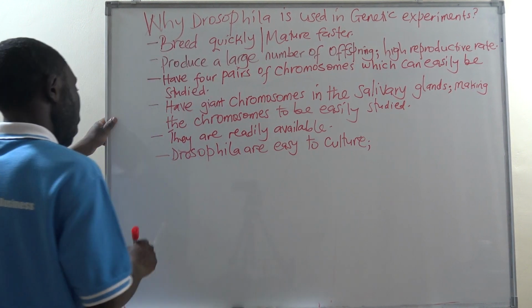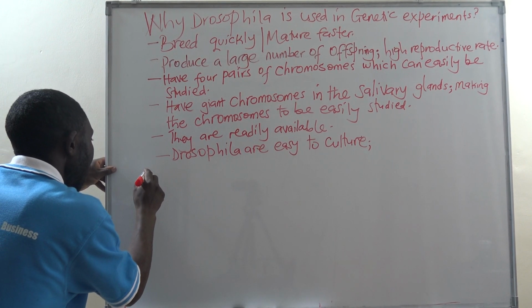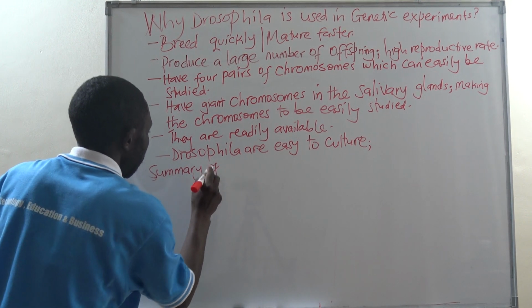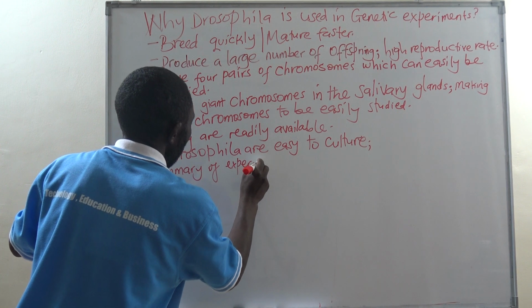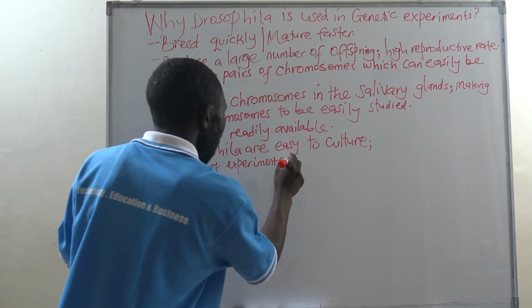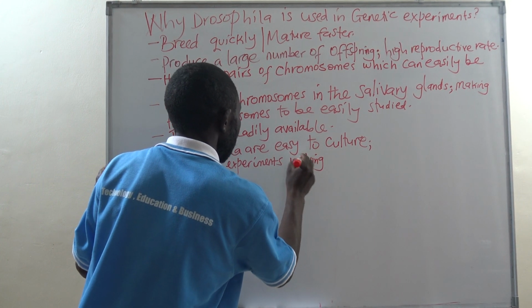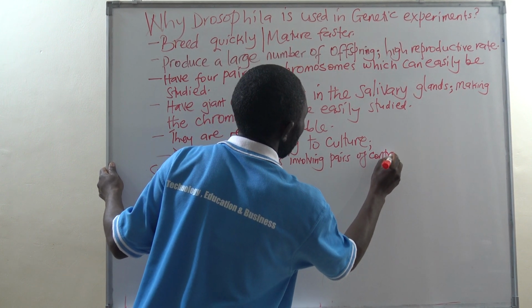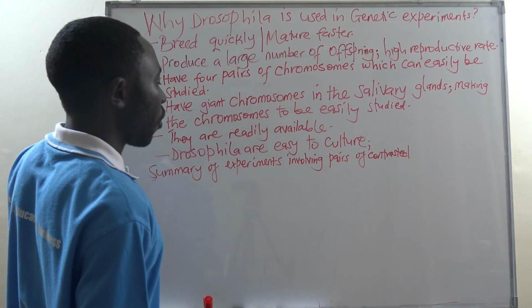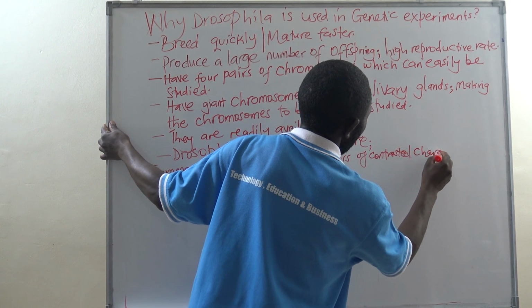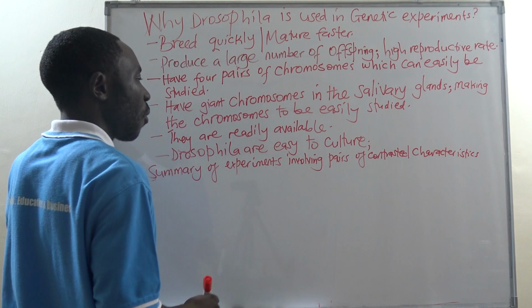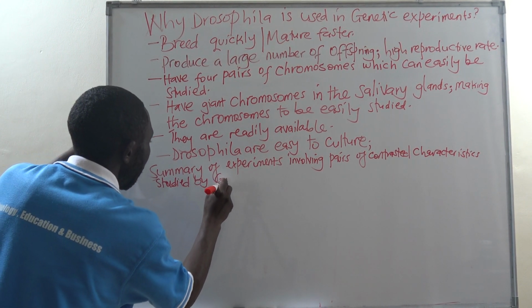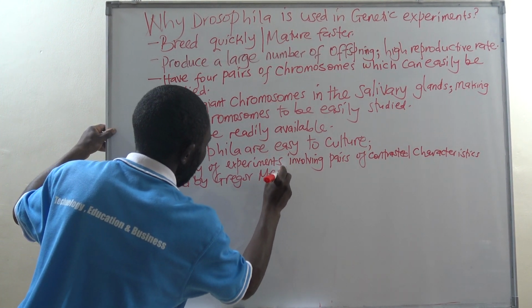I can simply write: summary of experiments involving pairs of contrasted characteristics studied by Gregor Mendel.